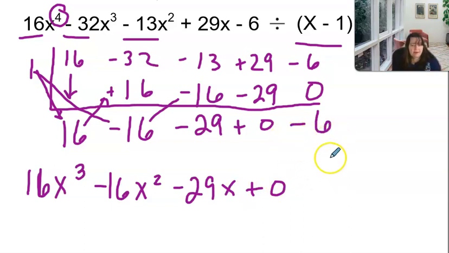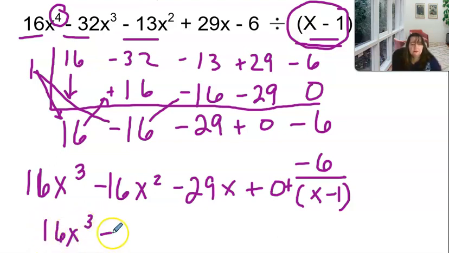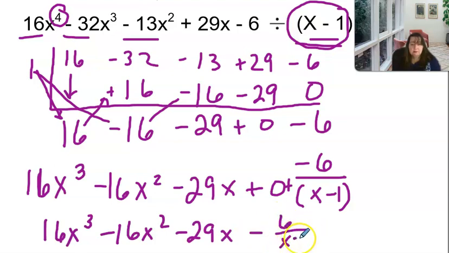Now I have a remainder. The remainder actually goes negative 6 over whatever I divided by. So my original division problem, which is x minus 1, if I wanted to write this a little bit neater, I would write 16x cubed minus 16x squared minus 29x minus 6 over x minus 1.